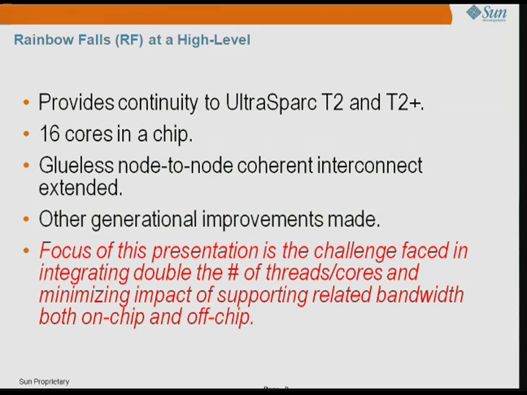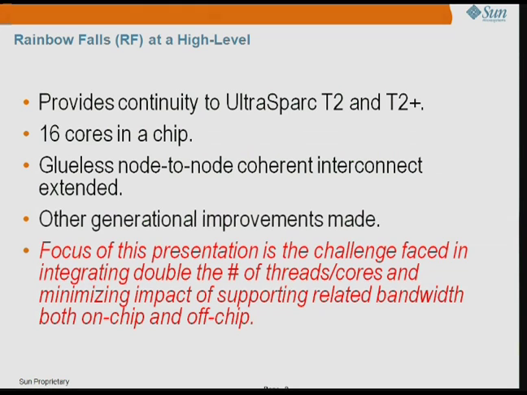Aside from enhancing the thread count by adding more cores, we've also refined the CMT concept by extending glueless node-to-node coherent interconnect to four-way, meaning no coherent hub is required for node-to-node connectivity.